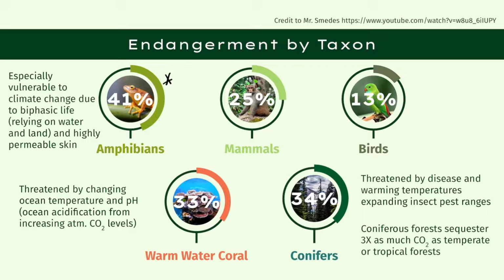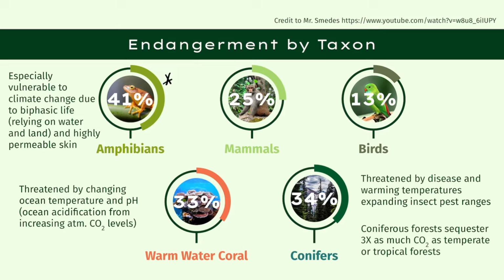Mammals, about 1/4 of them are endangered. Birds, slightly less. And then corals and conifers are both pretty susceptible to endangerment. Conifers are threatened because as temperatures increase, our biomes are moving further north and south away from the equator.